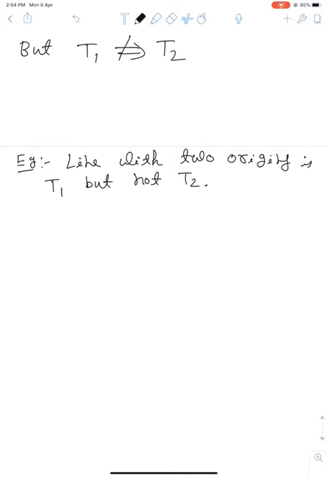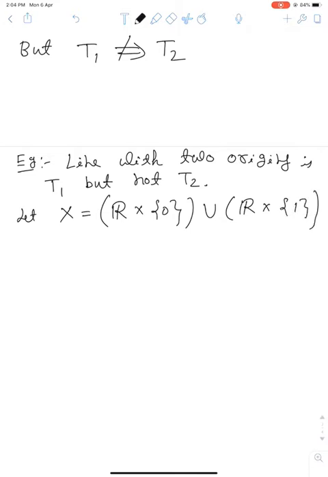First of all, let X equal R cross 0 union R cross 1.